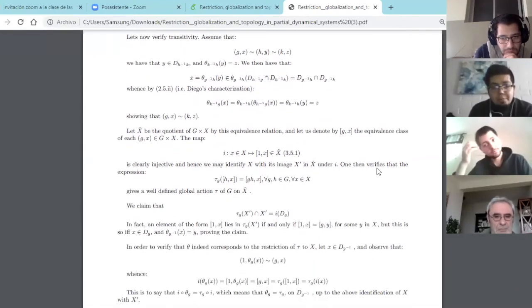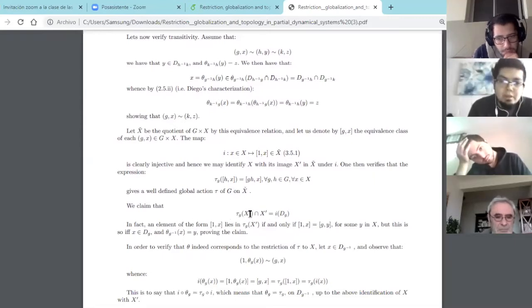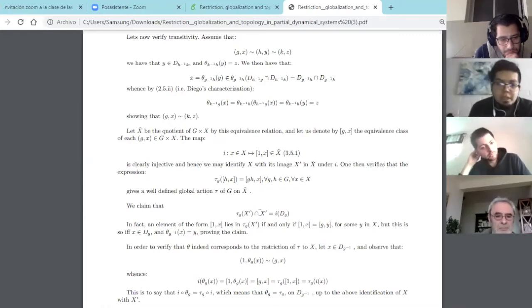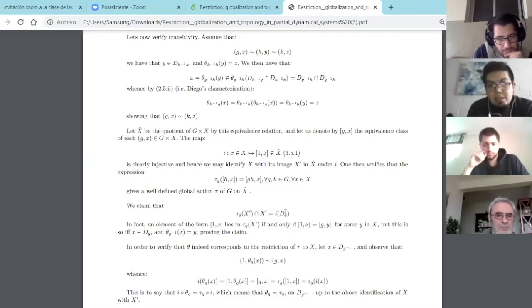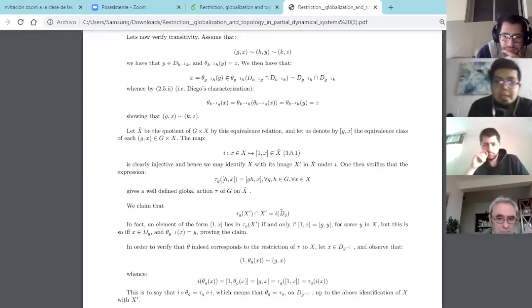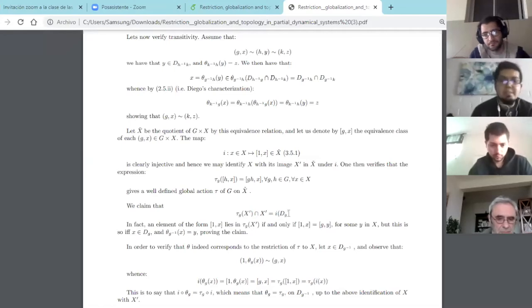And we claim that here tau acting on X, recall that this is the copy of X that we have on this quotient, intersected with the X, is equal to the inclusion of the domain of G given by the partial action, and this belongs to the X, like the original space.